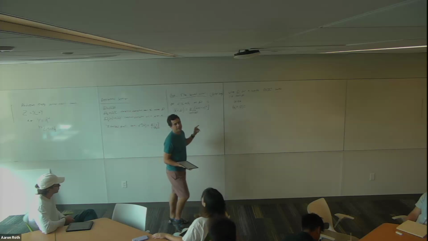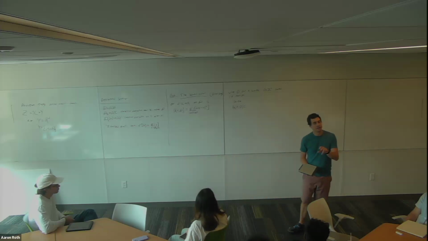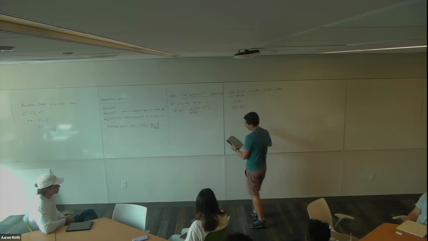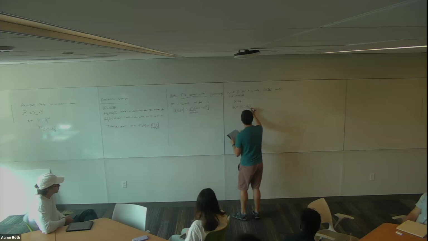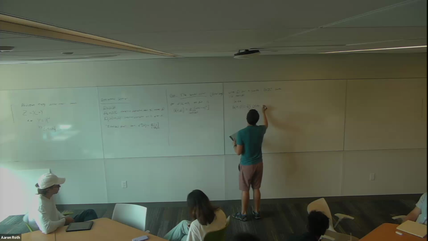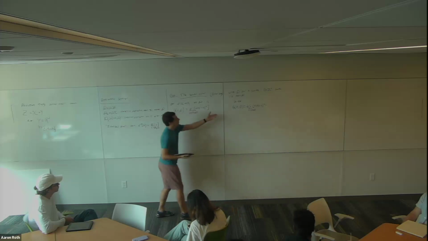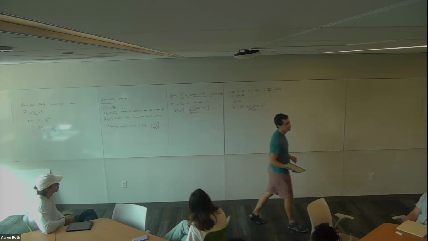The empirical distribution places weight 1 over n on each of the samples, so this expectation evaluates to the empirical average squared error: the average over all of the data points in the sample of the squared error of the model evaluated on that data point. This is just the expected error over the empirical distribution on this sample.